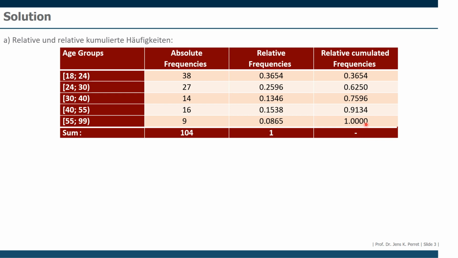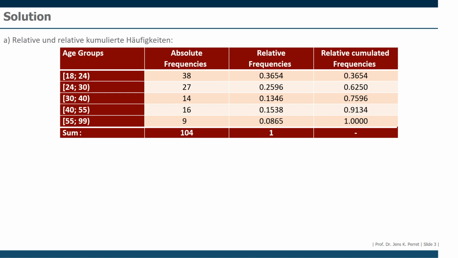It could be that you're slightly off on the last decimal, but it should be 1.0 or 0.999 until the last decimal. All the rest is just rounding errors. If this is not close to 1.0, then you made a mistake, because similar to this is just all the values summed up. Well, that was already part A.